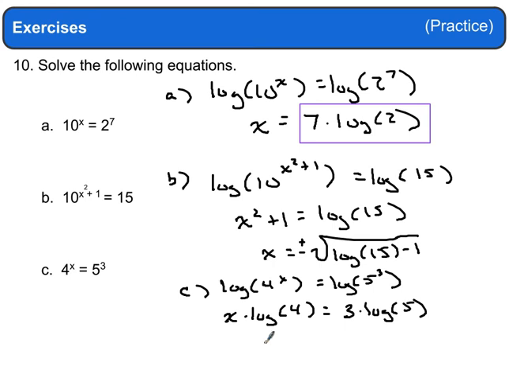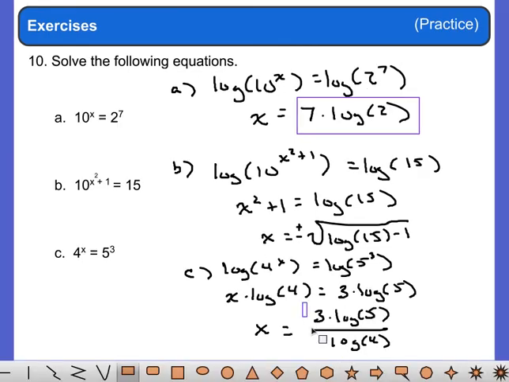And if we're trying to solve for x, we're going to divide by log 4 on both sides. So 3 log 5 divided by log 4 is our answer. And let's go back and just box this one in for consistency's sake. So that ends up being our answers if we don't approximate and leave it in terms of log notation.